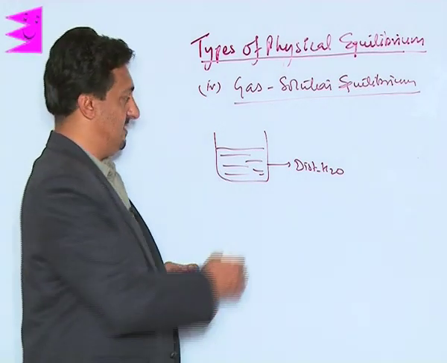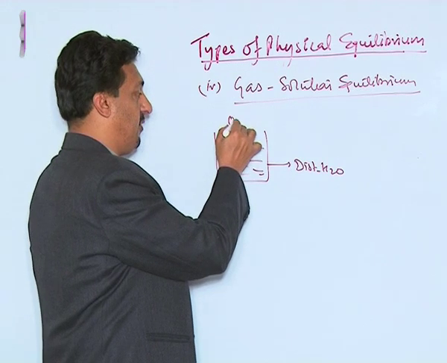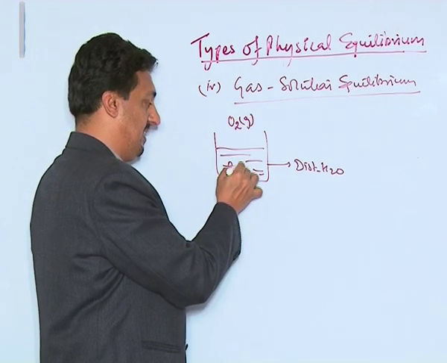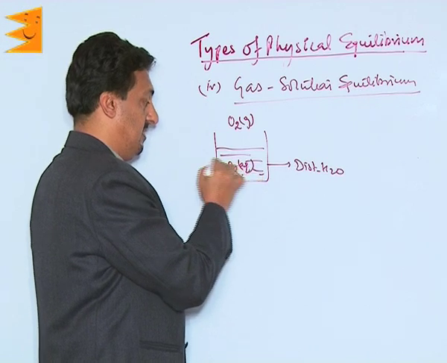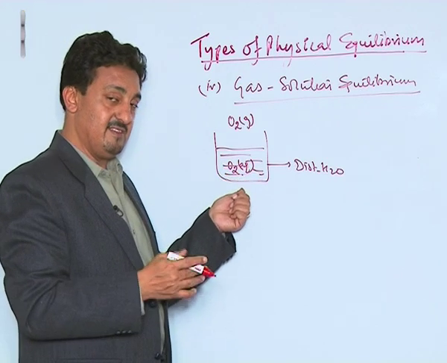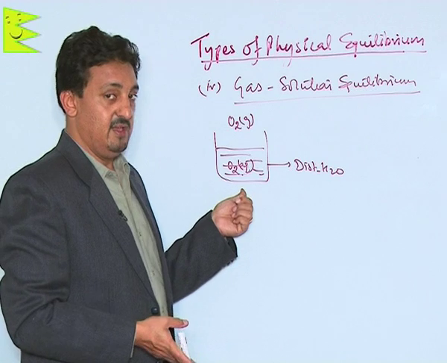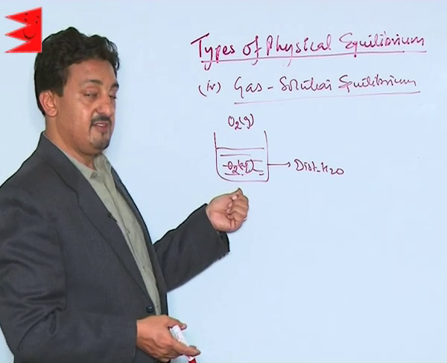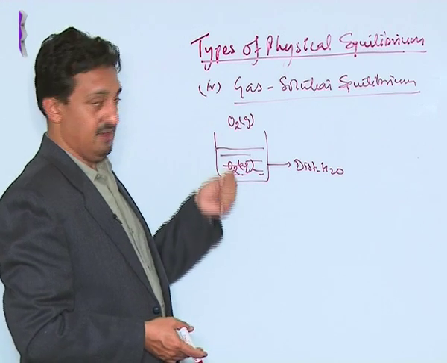What we find is some amount of oxygen which was present in the air gets dissolved in this. Now this oxygen which is dissolved in this water is called aqueous oxygen. And from where has this oxygen come? It has come from the air.